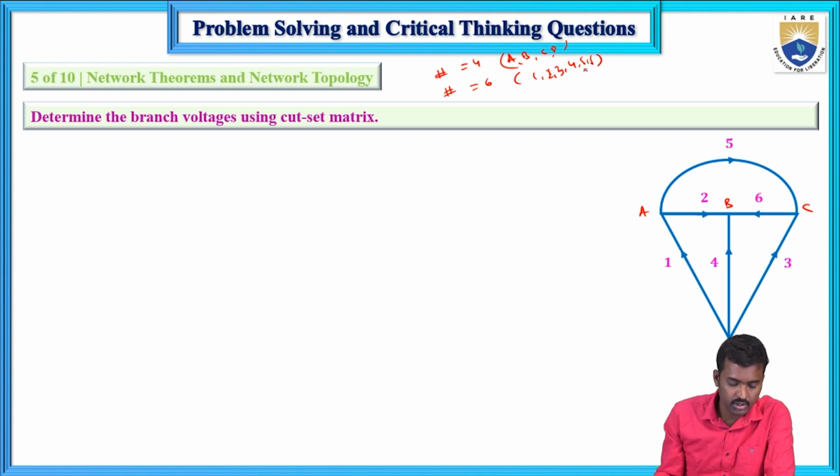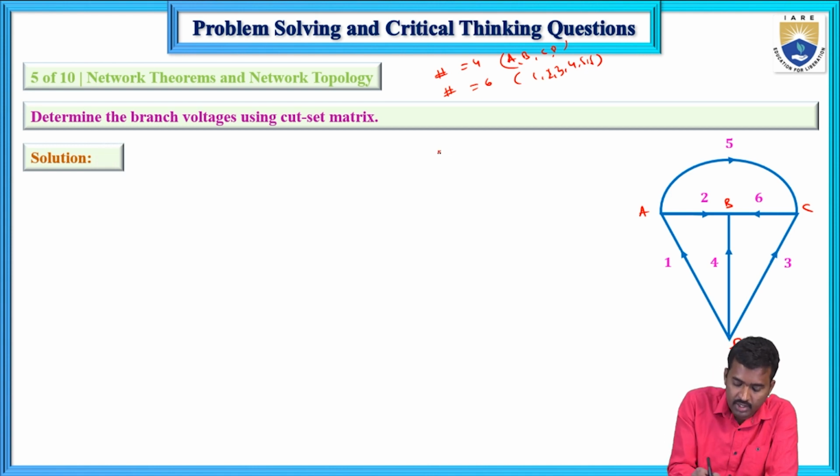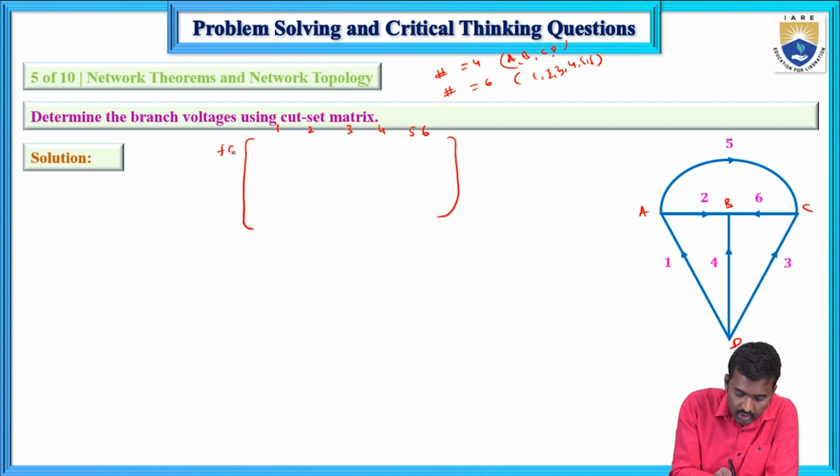For the cut set matrix, the number of branches is 1, 2, 3, 4, 5 and 6, and the rows are F cut set 1, F cut set 2 and F cut set 3.